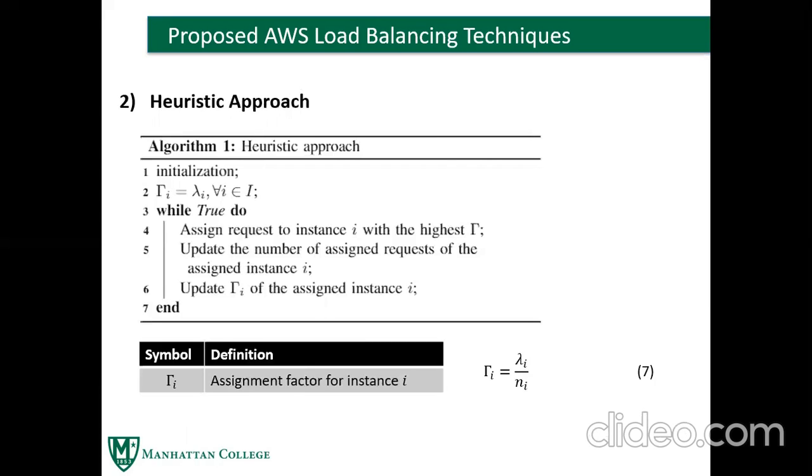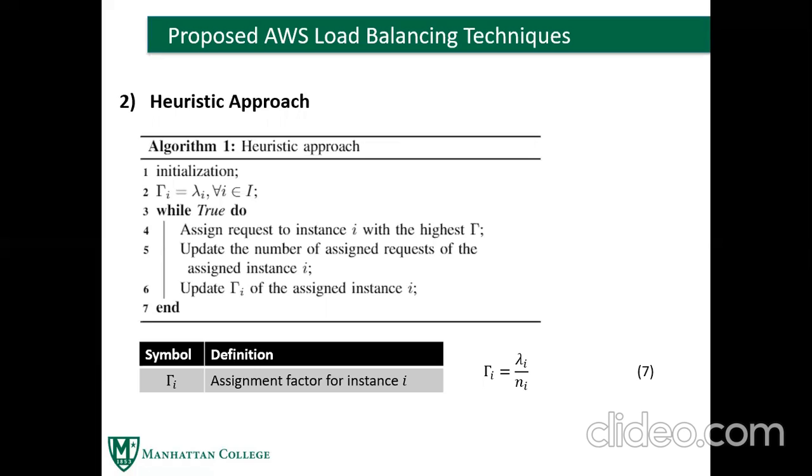So this slide presents the heuristic algorithm, which tries to assign a request to the instances based on their processing resources and the number of previously assigned requests. The idea behind this approach is simple. Each instance will have an assignment factor lambda, which is proportional to the instance processing resources and inversely proportional to the number of tasks assigned to this instance, as shown in equation 7.